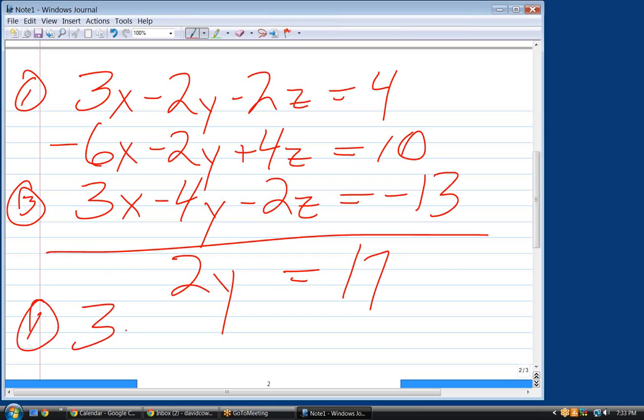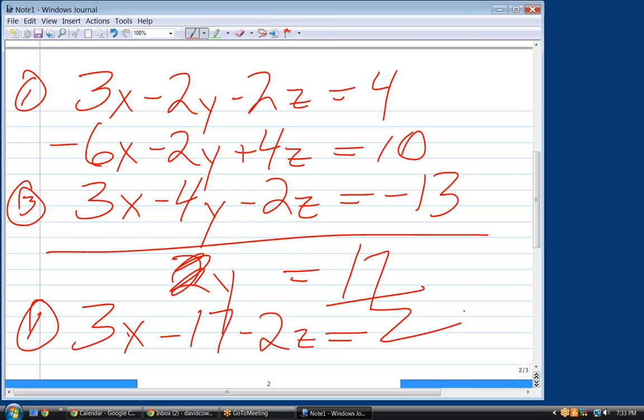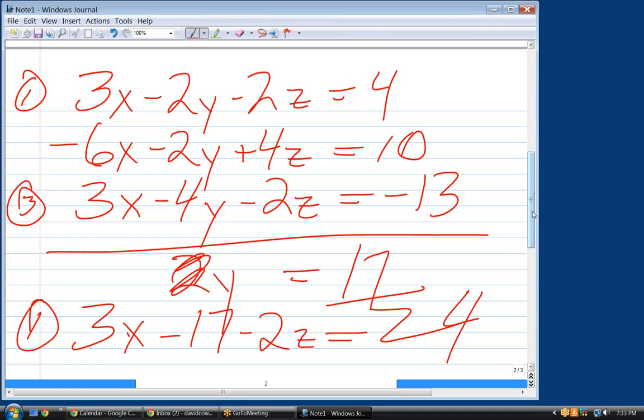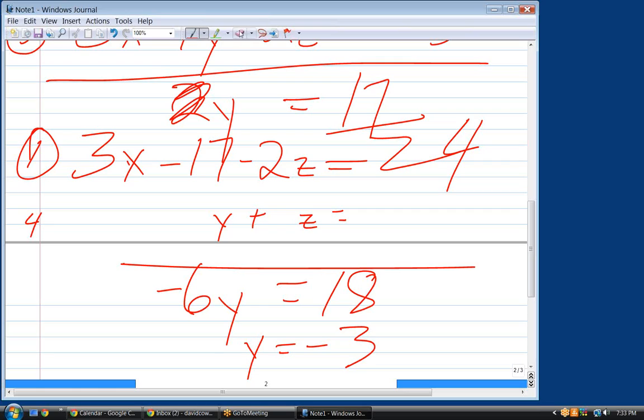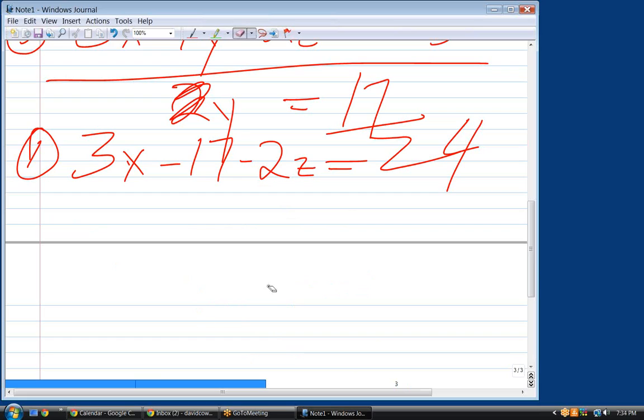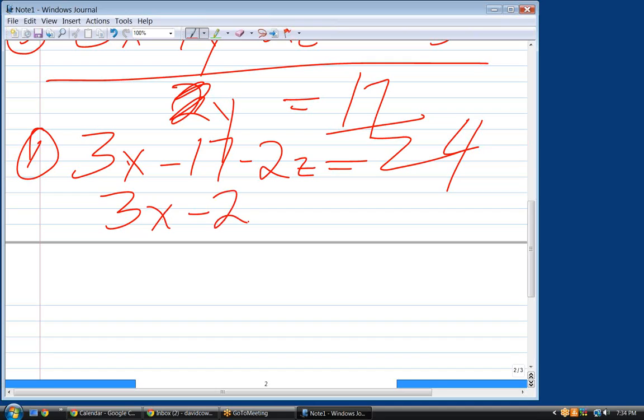The new number 1 is going to be 3x, and y is 17 halves, so that's minus 17, minus 2z equals 4, which is the same as 3x minus 2z equals 21. So there's my new equation 1.